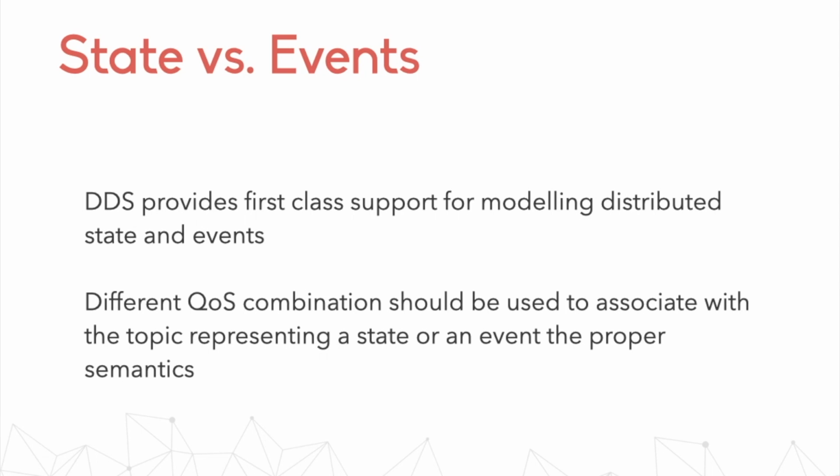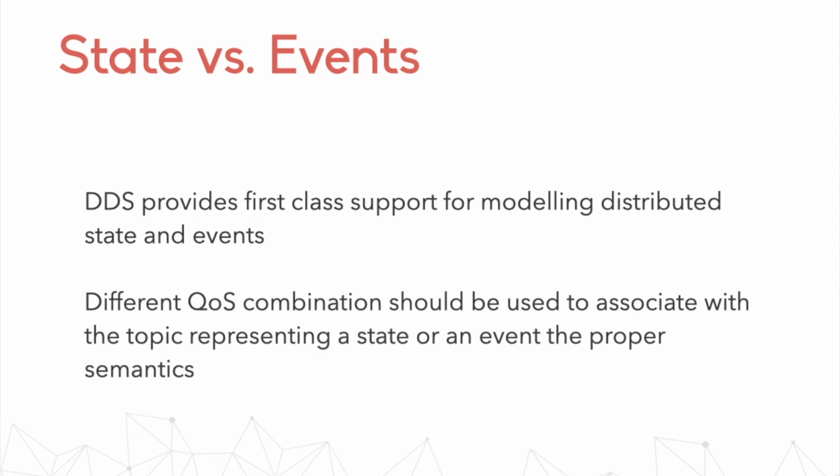Okay, so I'll give you an example. If we think about the temperature in your room, or on the planet, that's an example of a state. You can read it at any point in time, and you can think of it as a function that is continuous in time. Events are discrete.